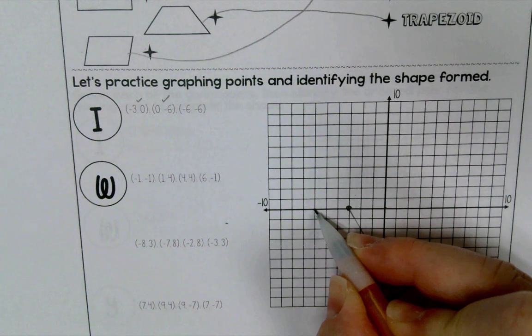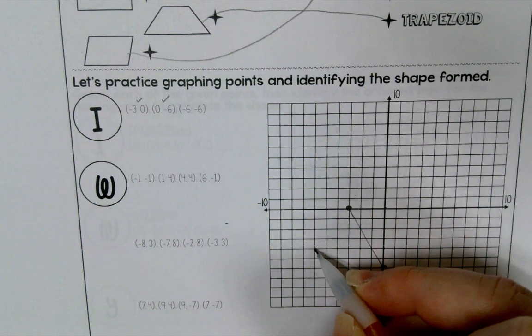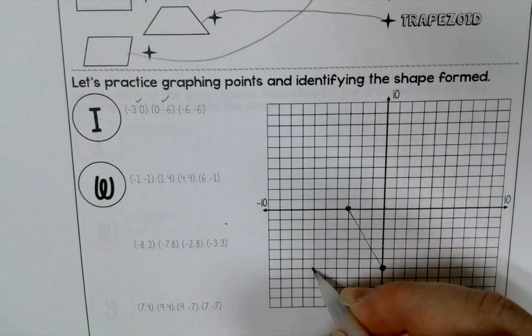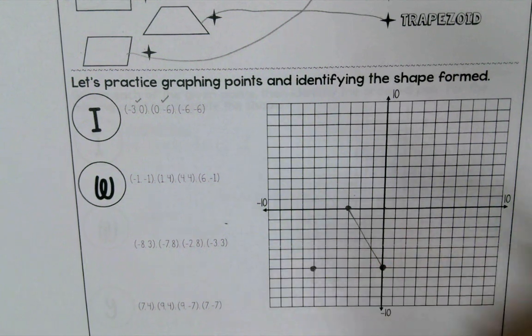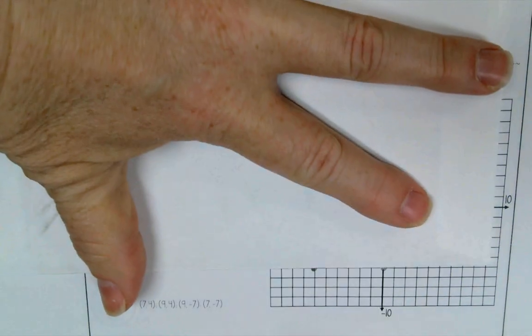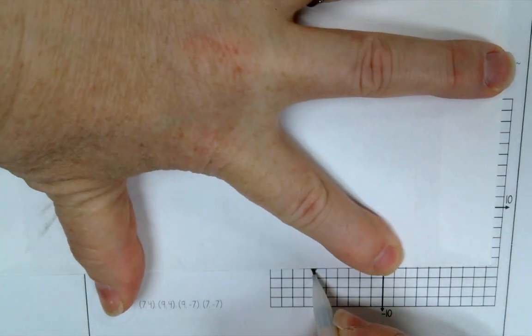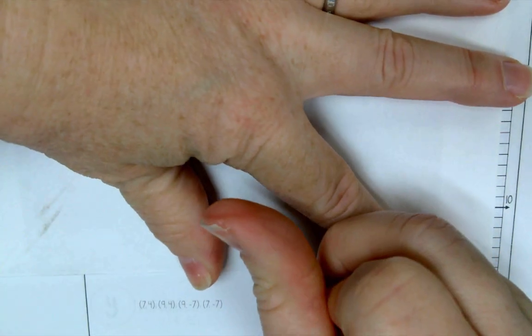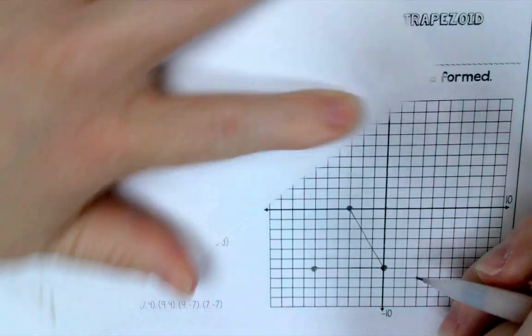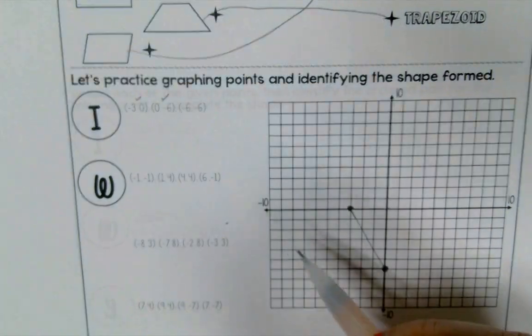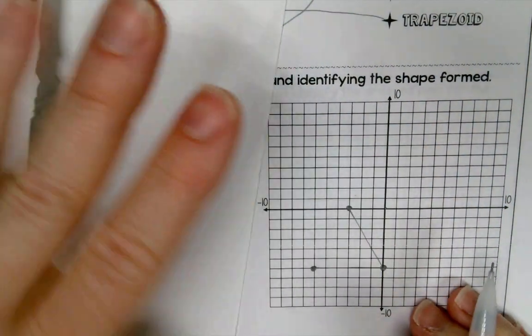And I'm going to go down 6. 1, 2, 3, 4, 5, 6. And then I'm going to connect the first and last point.